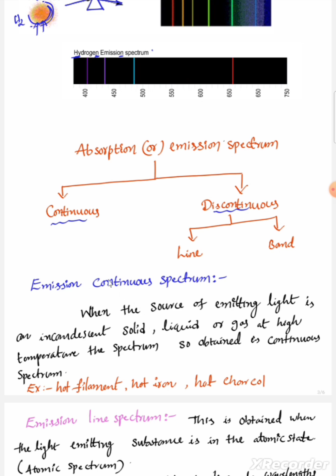In absorption, we have the absorption continuous spectrum and the absorption discontinuous spectrum. The discontinuous spectrum is again divided into line spectrum and band spectrum. The emission spectrum is the same: continuous spectrum and discontinuous spectrum, again line and band spectrum.